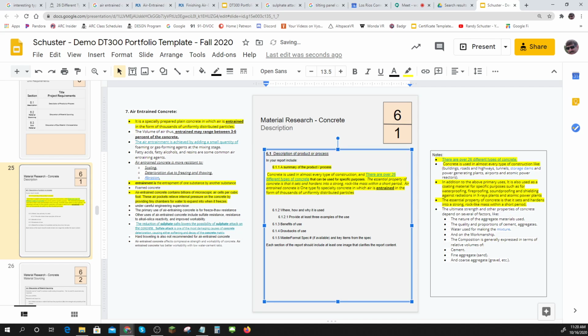And I'm going to say, okay, so the essential: air entrained concrete is one type of, I have to always go back and reread, of specialty concrete in which air is entrained in the form of thousands of uniformly distributed particles.